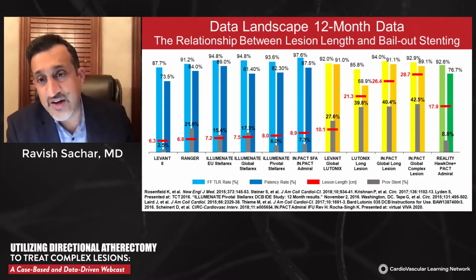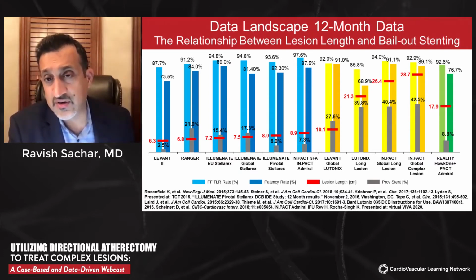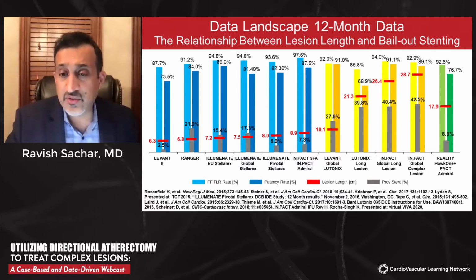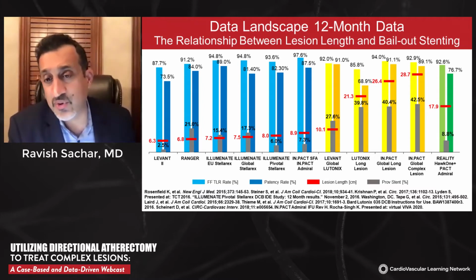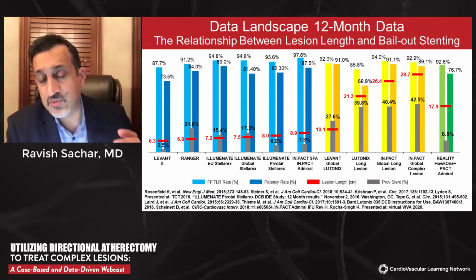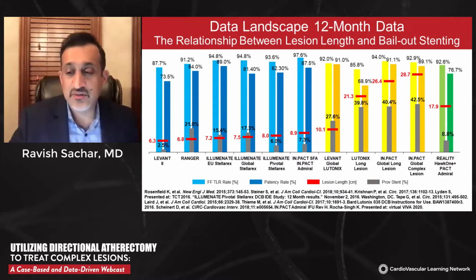But then you have the REALITY study with perhaps the most complex of lesions, with long lesions, 17.9 centimeters, chronic total occlusion length mean of 23 centimeters, excellent outcomes with freedom from clinically driven TLR of 93%, patency at 77%, but with a bailout stenting rate of 8.8%, much lower than what you would expect in similar studies with long lesions. So you can achieve these outcomes in complex patients, but with a lower risk of bailout stenting.